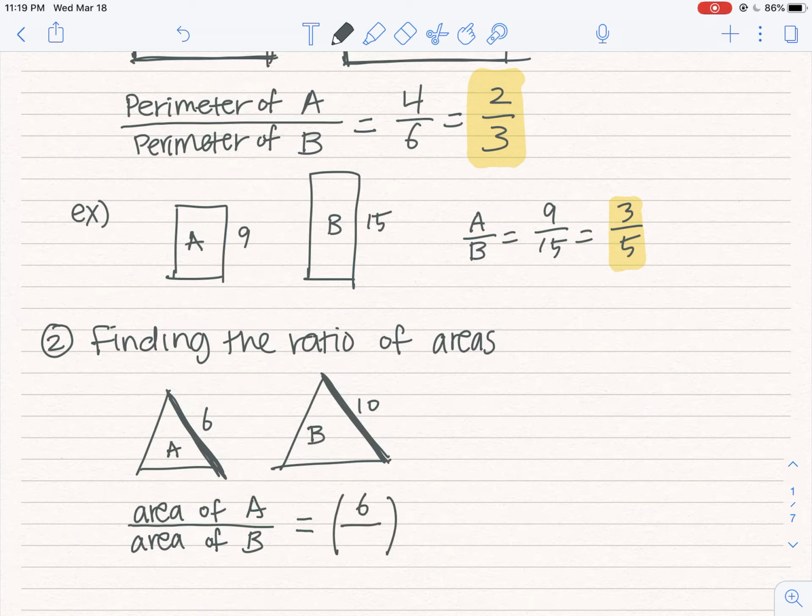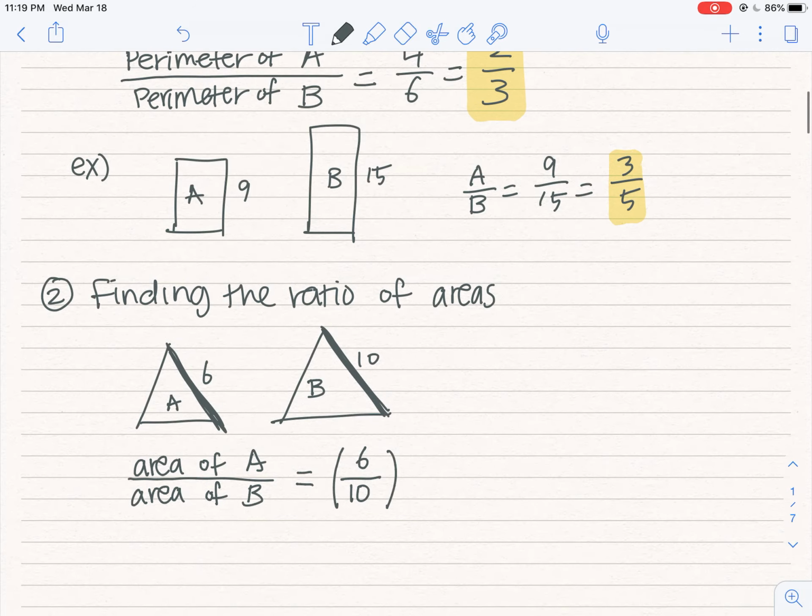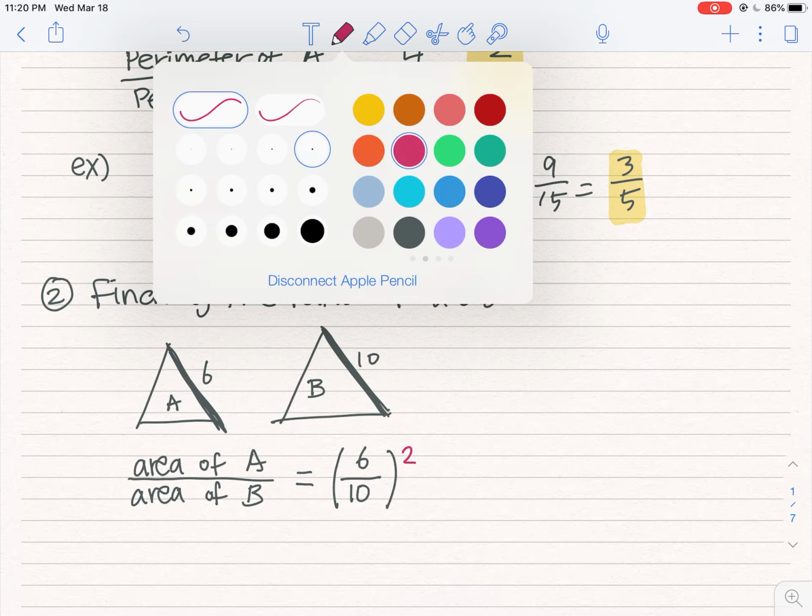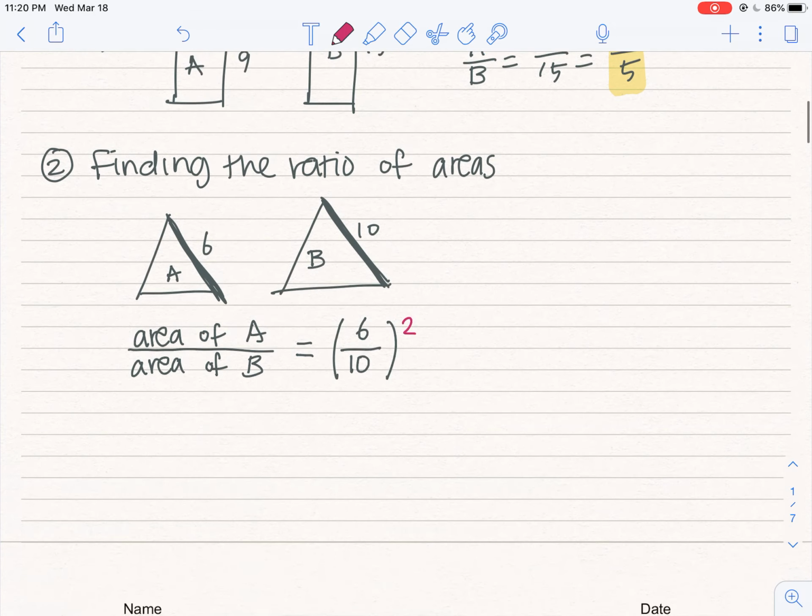You're going to have a fraction the same way, but instead of simplifying from here, you're going to actually square those numbers. Okay, you're going to actually square the numbers. Now, before you square the numbers, if you want to simplify first, you can do that. So what I'm going to do is I'm going to simplify the ratio first.